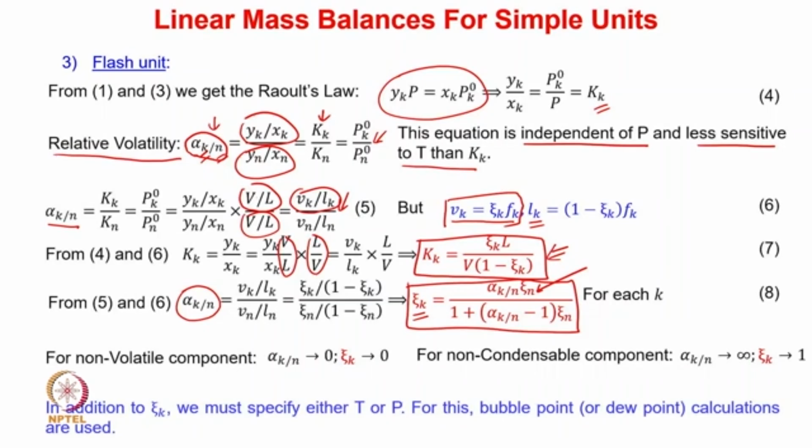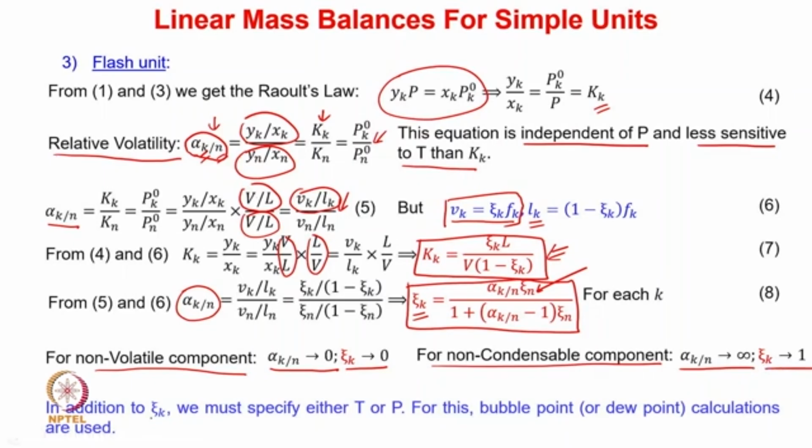So now for a non-volatile component, clearly the relative volatility tends to 0, and the split fraction zeta k is 0, isn't it? Because it's not going to be present in the vapor phase. For a non-condensable component, everything will be in the vapor. So clearly you can see that the relative volatility tends to infinity, whereas zeta k is equal to 1.